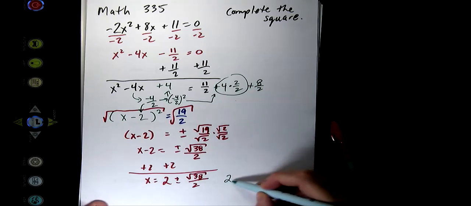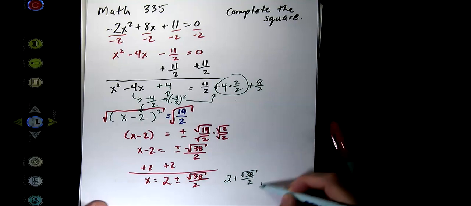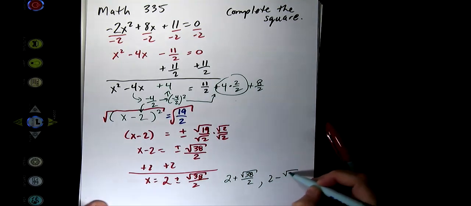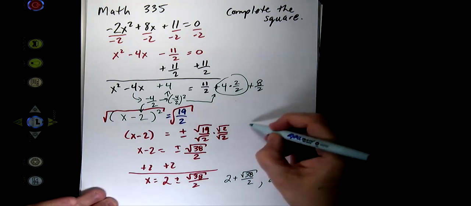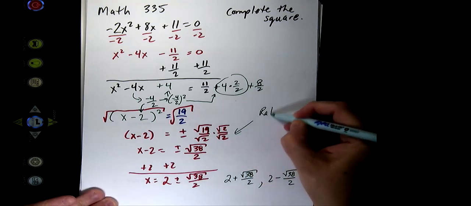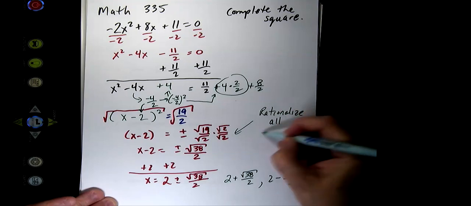So one of these is 2 plus square root of 38 over 2, and the other is 2 minus square root of 38 over 2. In fact, the homework even says rationalize all denominators. That's what doing this is. If it specifies rationalize all denominators, that's what we did there.